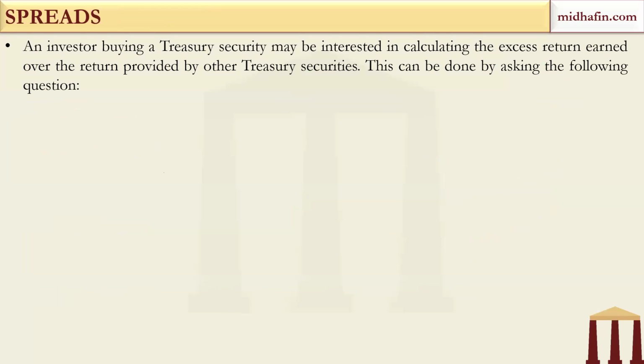Next, let us see spreads. What are spreads? When you're buying a treasury security, you might be interested in finding out the excess return earned over the return provided by the treasury securities. So what it means is that sometimes, ideally, a security should sell at, let's say, 102.5, for example.